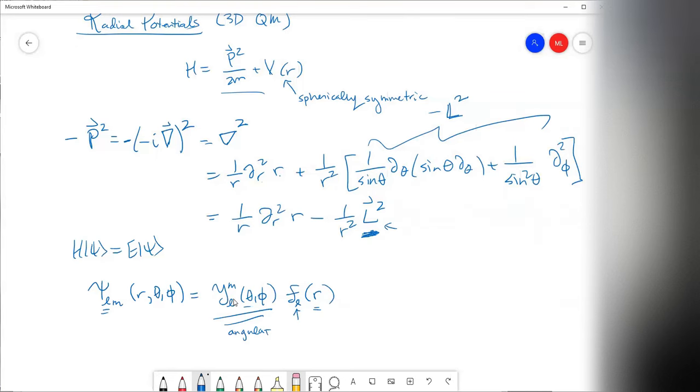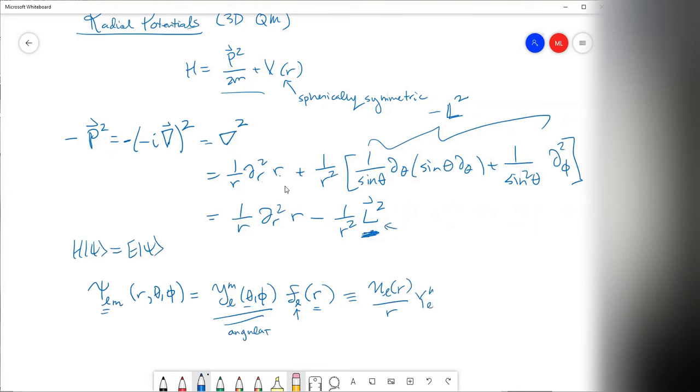That's the general form. And now the only other thing is that you've got this pesky 1 over r running around here, and you've got this r over here, and that's a little bit annoying. So the way to get rid of that is, instead of calling this F, you call it some other function u sub L as a function of r, divided by r.